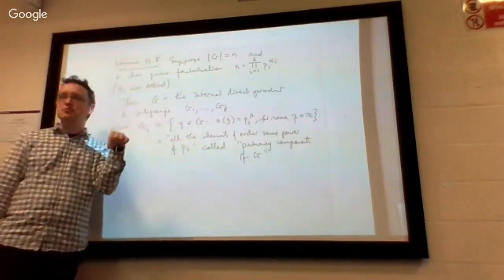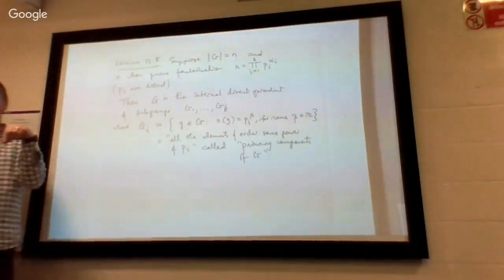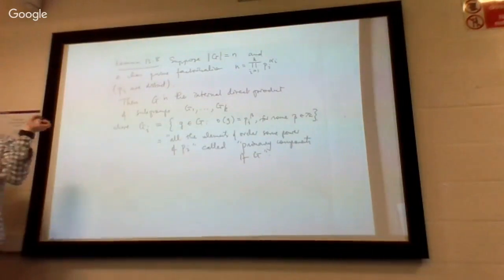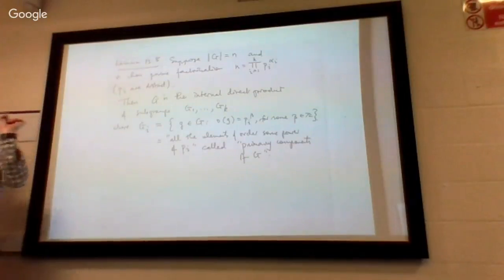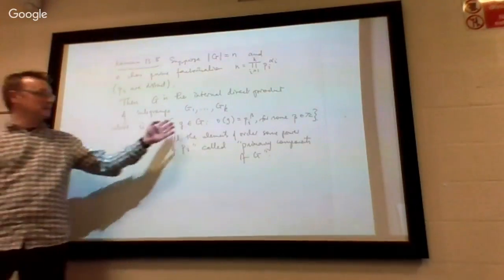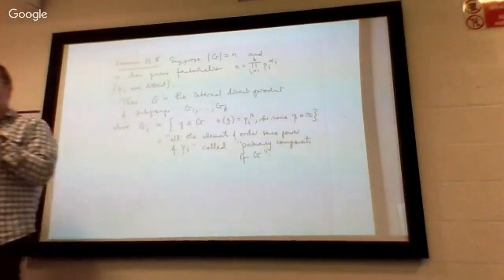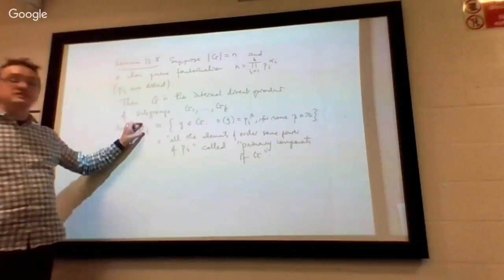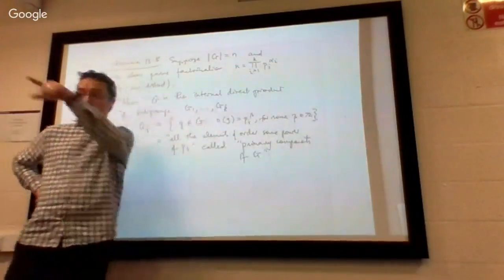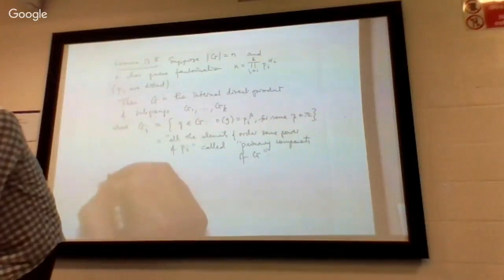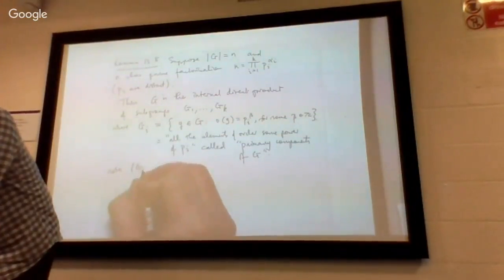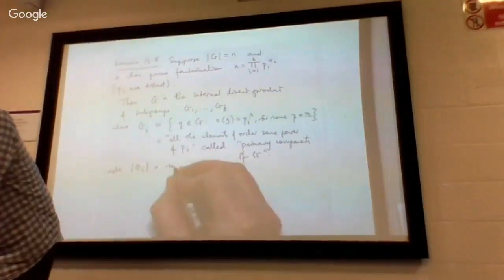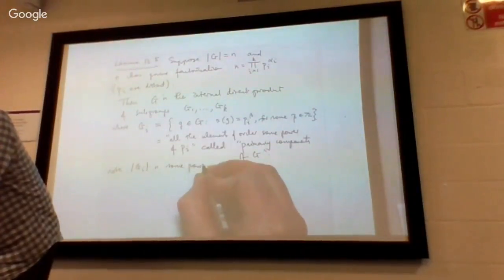G_i is a p_i group, a P group for the prime p_i. All of its elements have order some power of that p_i. So the subgroup does as well. Apply the last lemma: the size of G_i is some power of that prime as well. Note the size of G_i is some power of p_i. Which power of p_i do you think it is?